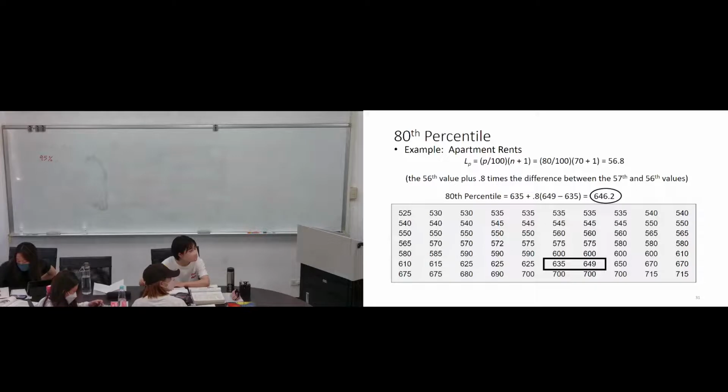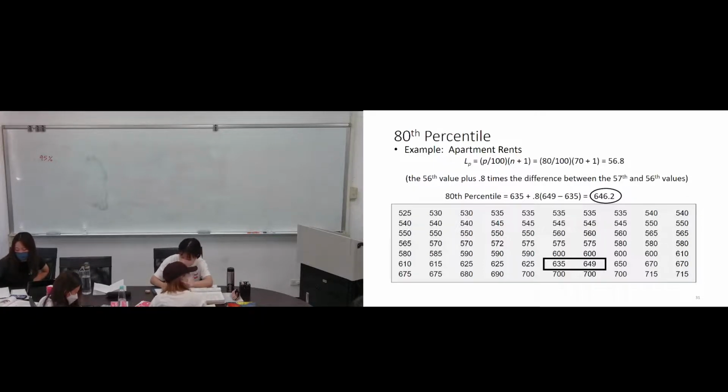How do we find that? We should find the 56th and the 57th value. Find the 56th value plus 0.8 times the difference between the 56th and 57th values. So the 56th is 635, and the 57th is 649.